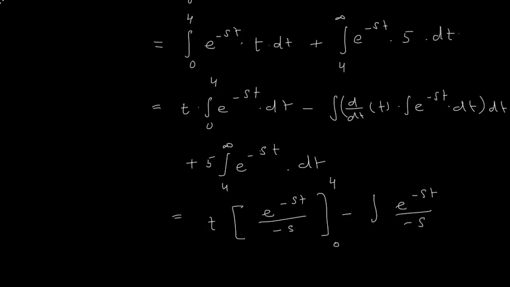Here also the limit is from 0 to 4, into dt. Then we have plus 5, we will integrate it, so it is e raised to minus st upon minus s, and here the limit is 4 to infinity.